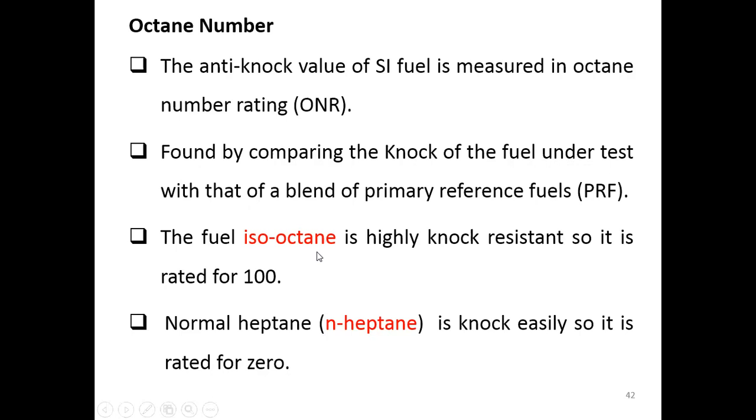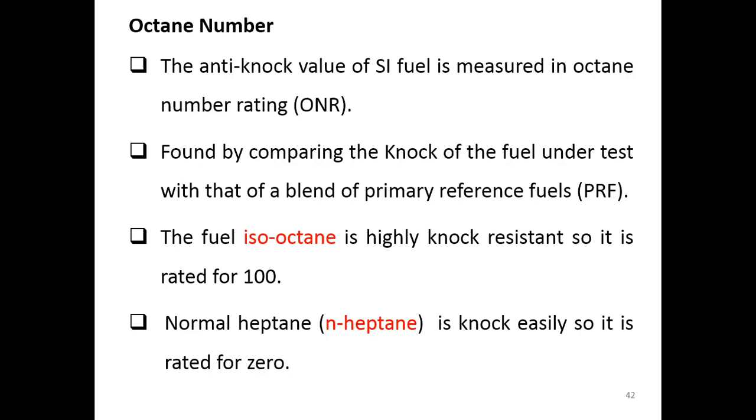This isooctane fuel is highly knock resistant. It's a fuel that has a very, very small chance of knocking in the engine. So isooctane is rated as octane number 100.